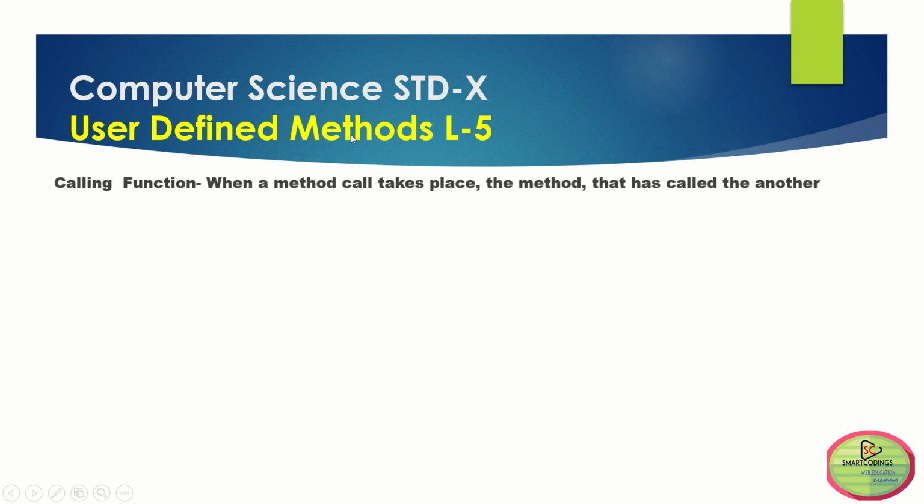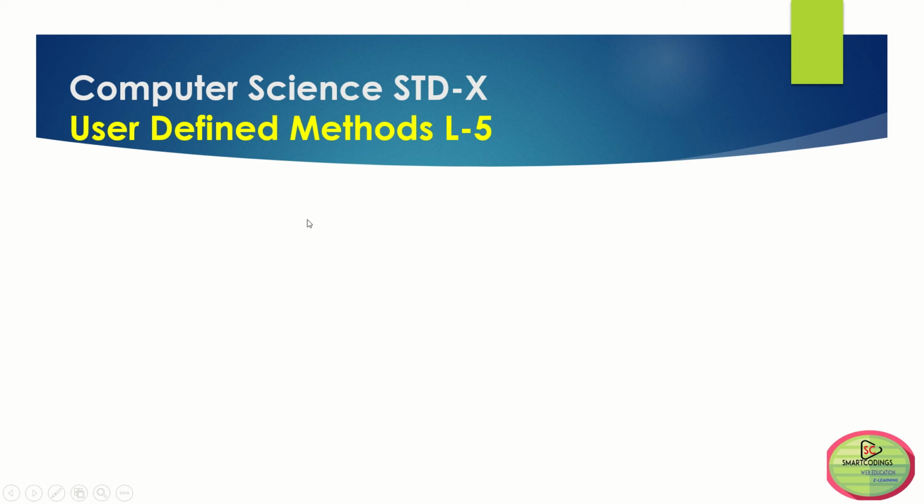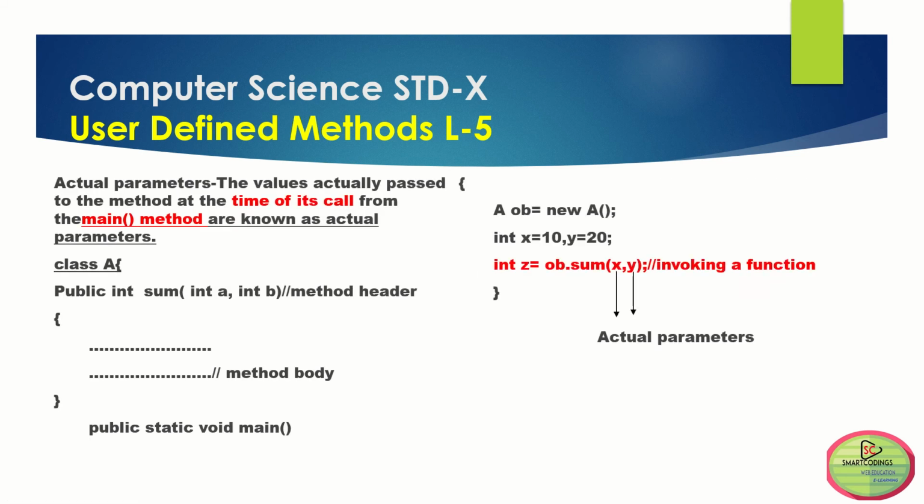Calling function. When a method call takes place, the method that has called another method is called the calling method. Suppose sum is a method, and it is called from the main method. From the main method, all the user defined methods are called.